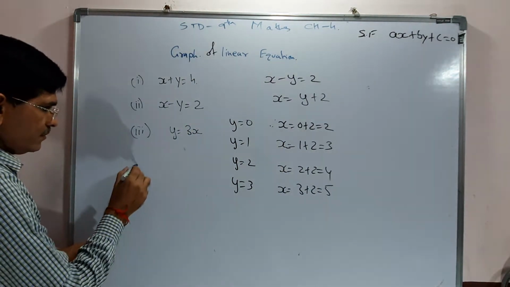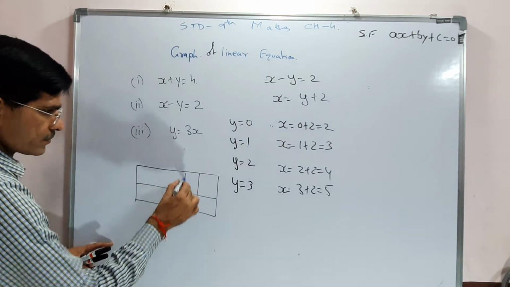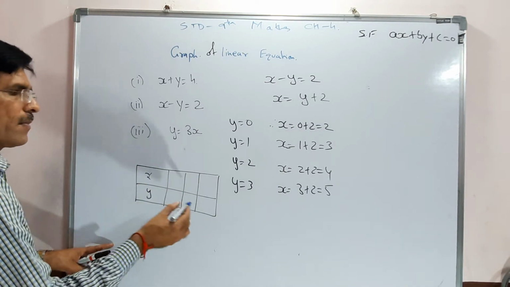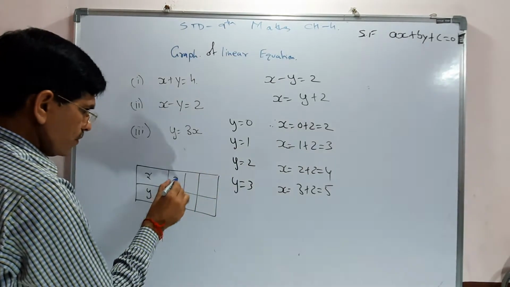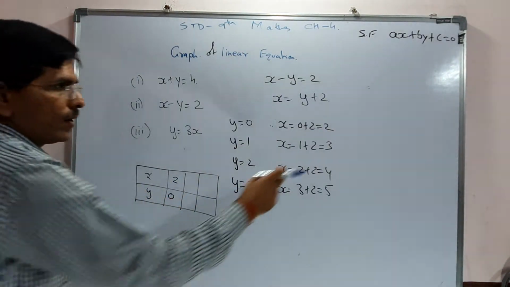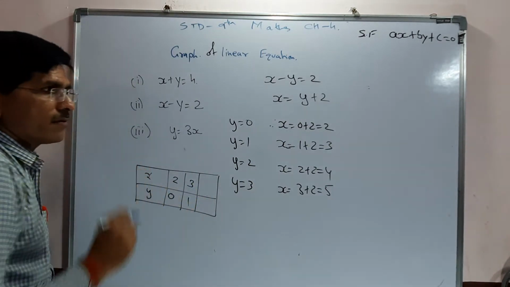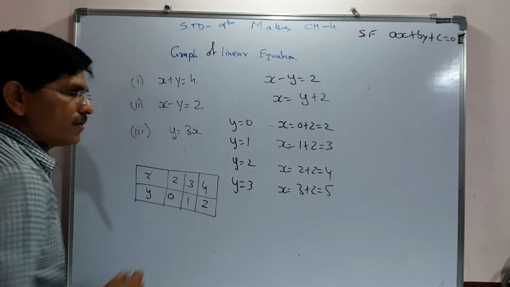Now we will draw the graph and put the values first. Three values we have to put. So x is equal to 2, y is 0. x is equal to 3, y is equal to 1. x is equal to 4, y is equal to 2.